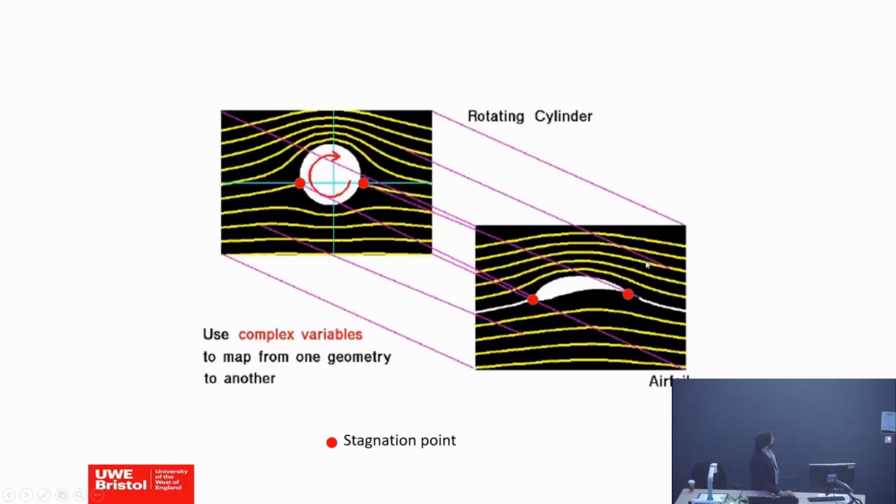And also, do you guys think this is a lifting flow solution about the airfoil or not? It is, yeah, because it's flow asymmetry, and definitely there is a lift about the airfoil. So that's it. That's the trick they use. And as I said, the maths itself is very complicated, but this is the key idea: mapping flow solutions that we can do to flow solutions we can't do around airfoils.